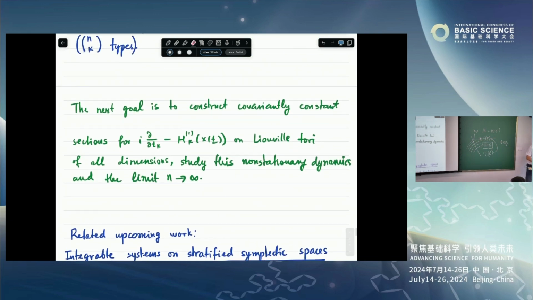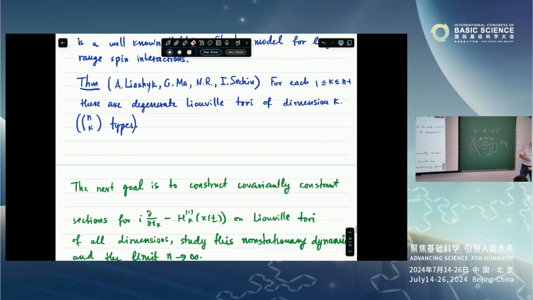And then you see what happens here is that the base got stratified by points over which you have Liouville tori of different dimensions. There is a big open part. So typically it happens like this.